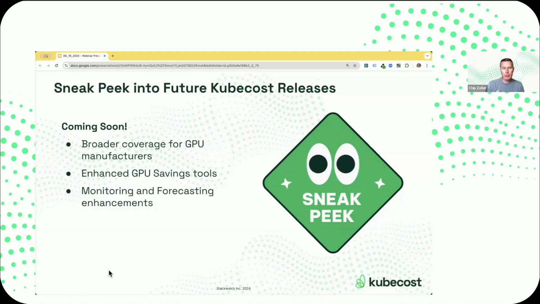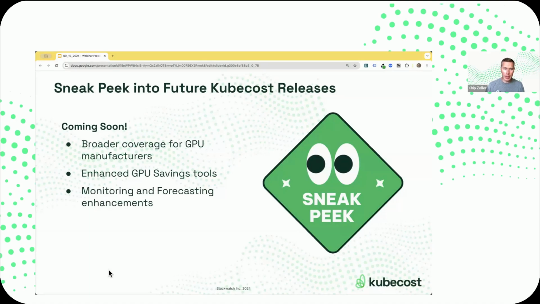But as I alluded to on the prior slide, one of the enhancements that's coming, and this will also evolve itself over the next several releases, is providing you GPU savings insights, just like some of the cards that you saw on the previous slide, where we're showing you savings insights that allow you to proactively save. We want to do the same thing specifically for GPUs and GPU workloads.